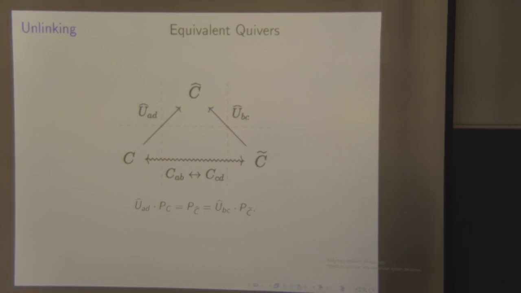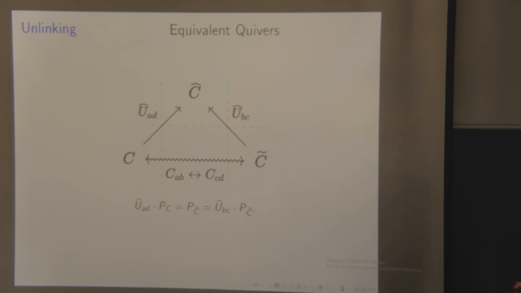In one simple diagrammatic expression, the origin of these transpositions that we were allowed to do on the quiver matrix representing a knot is this. This is a transposition between the off-diagonal entries AB and CD that differ by a unit. It's because if you unlink this equivalent quiver on the pair of nodes BC and you unlink the starting quiver on the pair of nodes AD, you get exactly the same unlinked quiver.